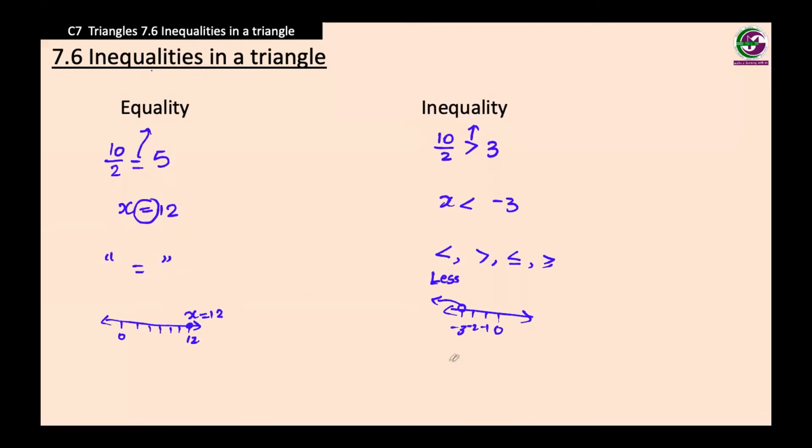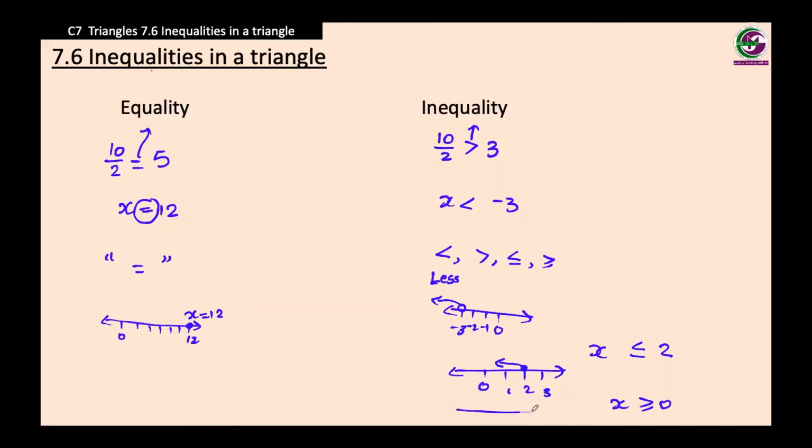What's the meaning of less than or equal to? For example, x less than or equal to 2. We take the number 0, 1, 2, 3, like that. Less than or equal to means we have to take the number 2 and then less than. What does it mean when you write x greater than or equal to 0?